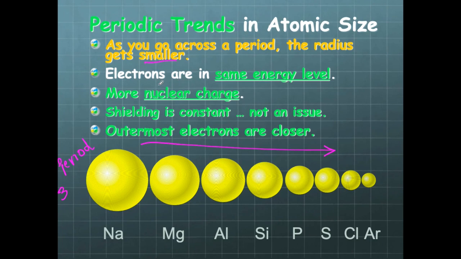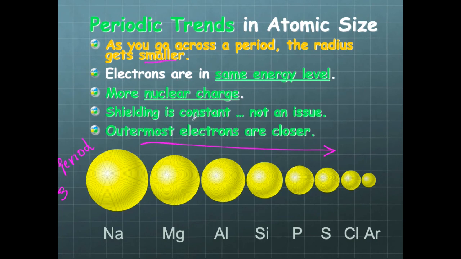The reason is that electrons are added in the same energy level as we move across the period. The nuclear charge is increasing across the period. The number of protons is increasing. Electrons are added in the same energy level, and the shielding effect is constant.